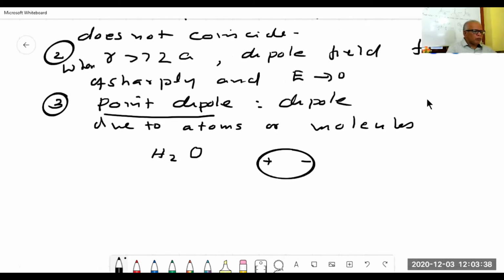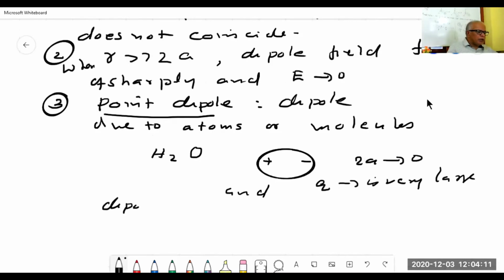This separation is very small, that is, 2a tends to 0. And suppose q is very large compared to the separation. Then the dipole moment is, I didn't define dipole moment.